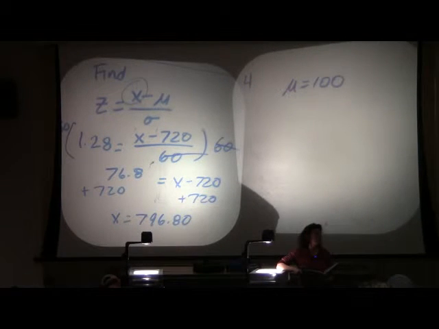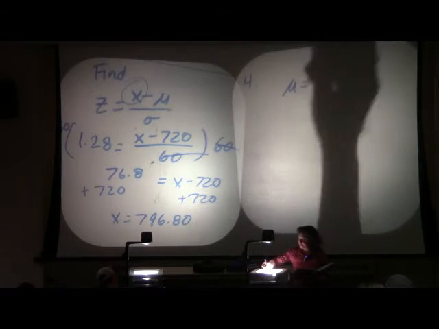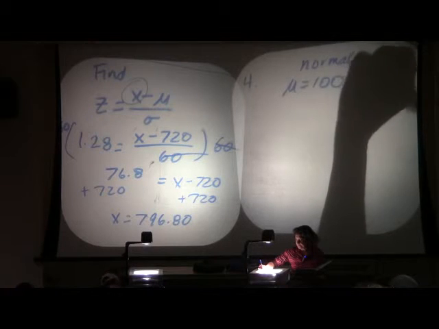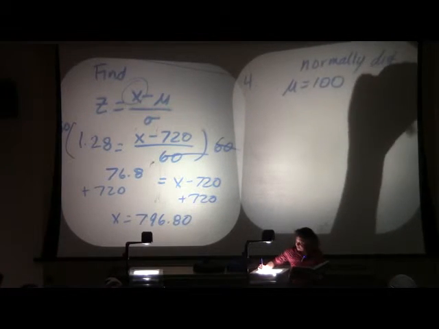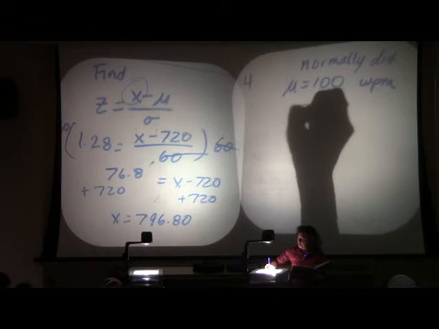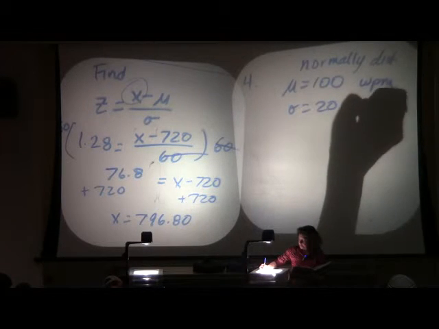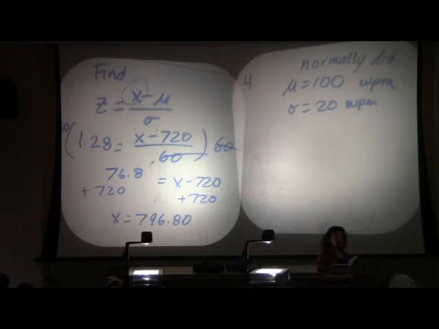You with me there? Assuming that the dictation speeds of the students are normally distributed with a standard deviation of 20 words per minute, we want to find some probabilities. You with me this far?